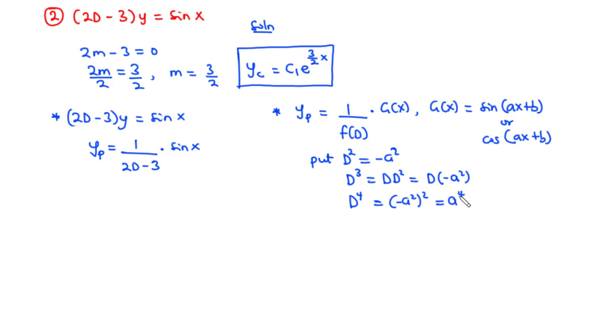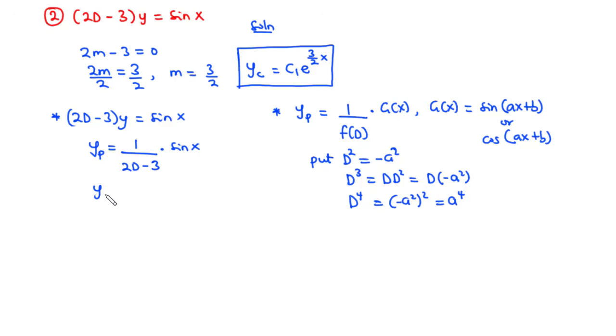So you may put either of the following into the particular solution. Now here we have yp equals 1 over 2d minus 3 times sine x. You realize that we don't have any equation for d, so the best thing we can do here is to multiply top and bottom by 2d plus 3, which is, we rationalize this by multiplying top and bottom by the conjugate of the denominator.